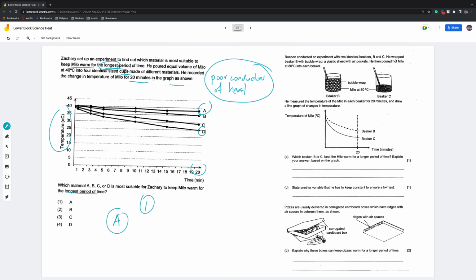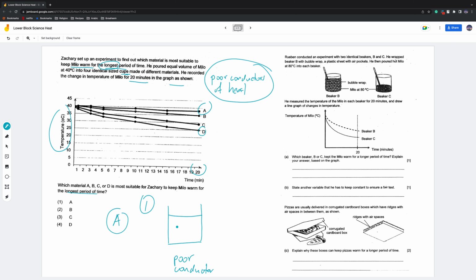Alright, so what happened here? Maybe we'll explain this part a bit here. So what happened here is, if you have a poor conductor of heat, it's of heat, it's not poor conductor of electricity. We're talking about heat here.